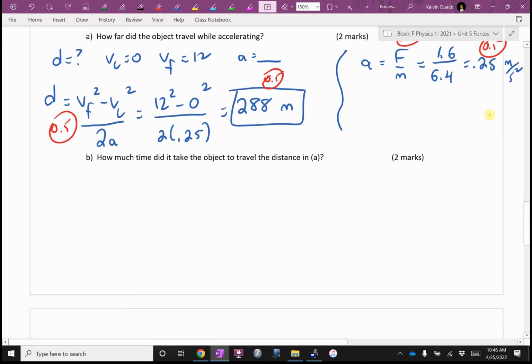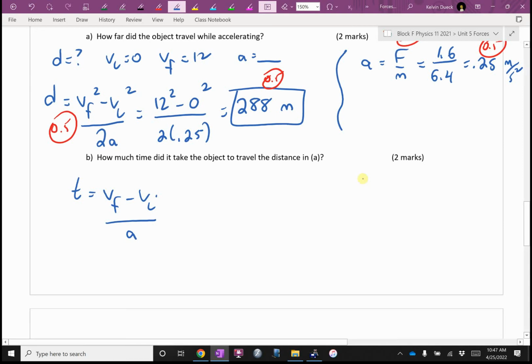B, time. I think I'm going to use VF minus VI over A. You could also do it with D equals VIT plus a half AT squared because VI is 0.